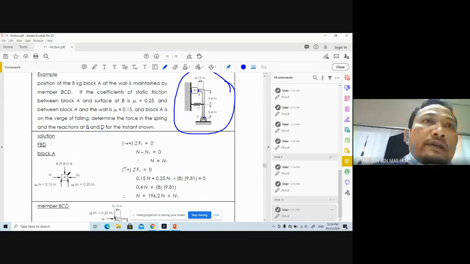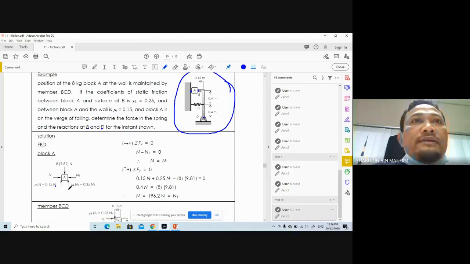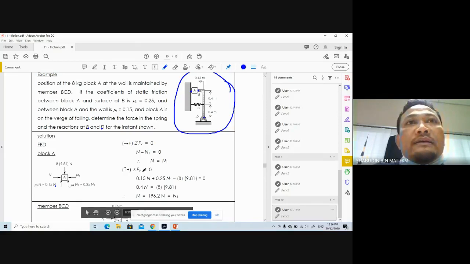Since it tends to verge down, the friction must go up. Friction is mu s multiplied by N: 0.25 times the normal force on one side and 0.5 times the normal force on the other.